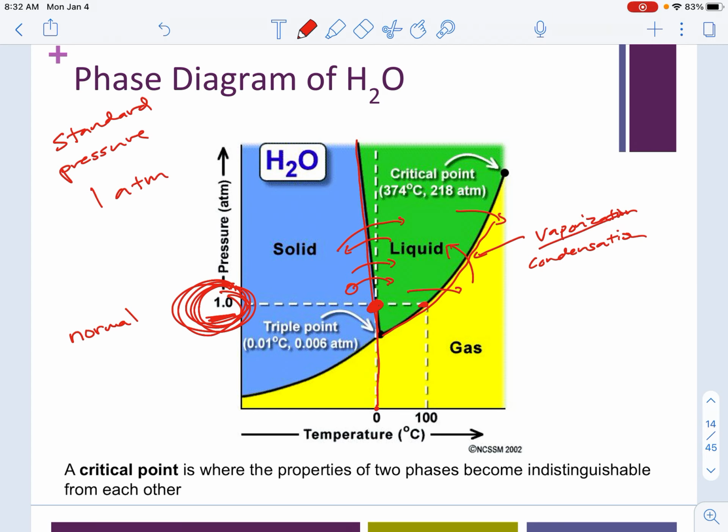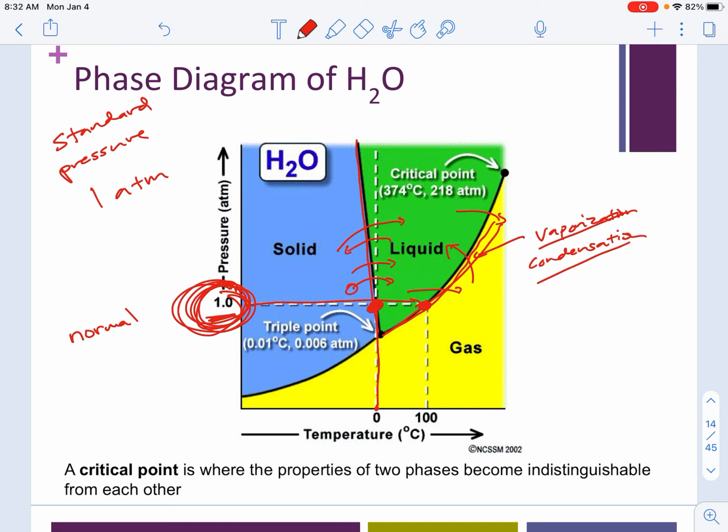So this whole line is representative of that, and if you look at the normal pressure at 1 atm, you can see at what temperature that happens. For water, it's 100 degrees Celsius.